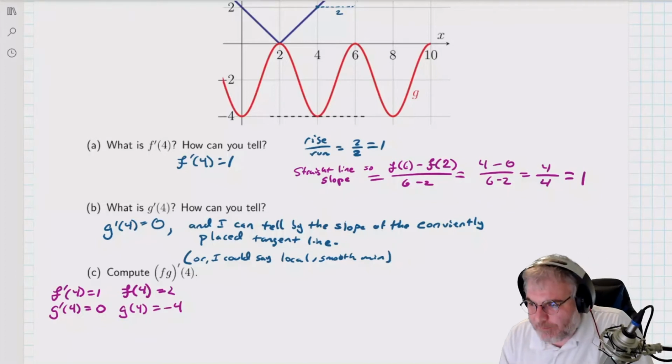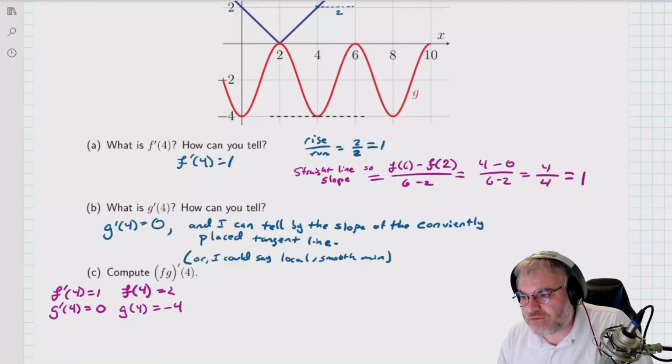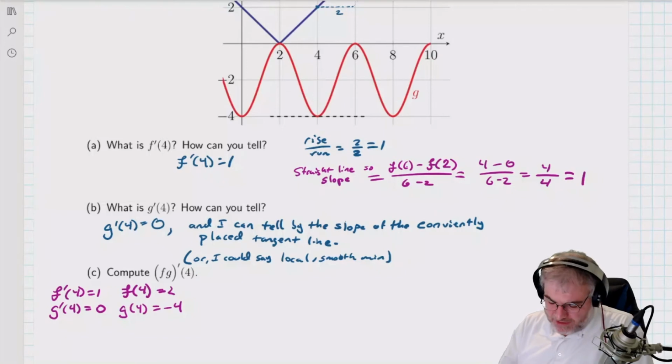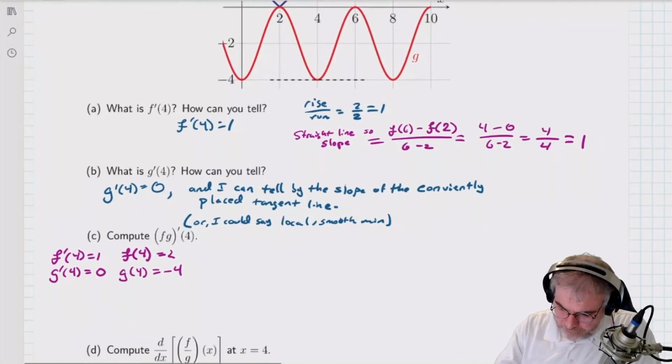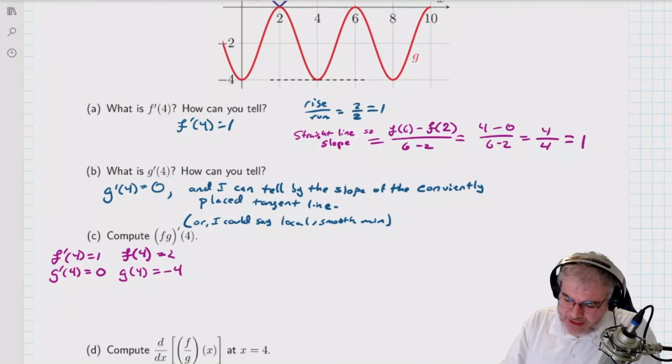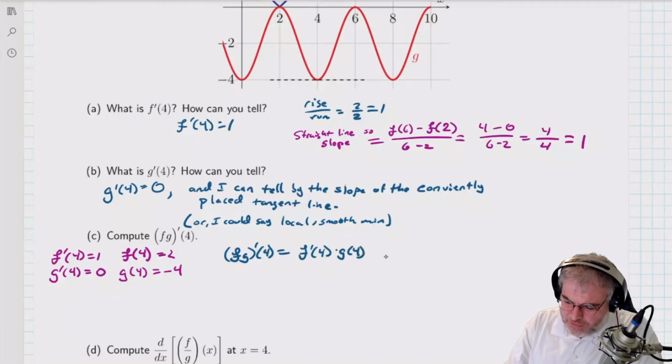Because if you mess up somewhere else and you miscopied, it's easy to identify where the error was, and you have your data close to you. That's just what I would do. Your results may vary. Next thing I am going to write is the product rule. fg prime of 4 equals f prime of 4 times g of 4 plus f of 4 g prime of 4.